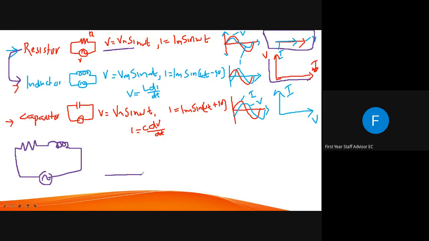So first you draw the current phasor, and on it you draw the voltage phasor, because this represents the resistance. And here voltage is leading because the inductor is there, so we can write VL, the voltage across the inductor.